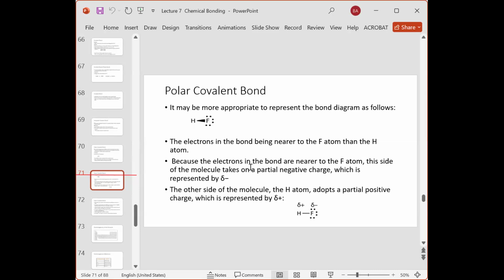This side of the molecule takes on the partial negative charge, which is represented by the partial negative sign, there, with the minus. The other side of the molecule, the hydrogen atom, adopts a partial positive charge. This is represented by del plus. So this is del plus and del minus. Or you can write it this way.